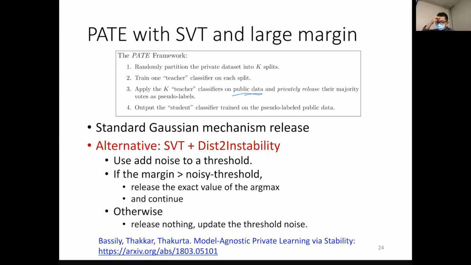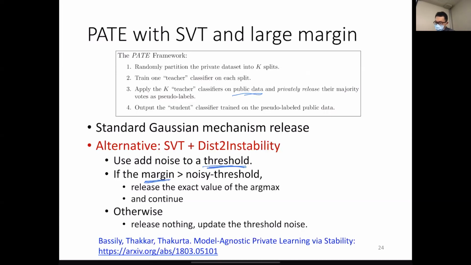So PATE with the sparse vector technique and distance to instability is a combination of the standard sparse vector technique with distance to instability. The idea is the following. We have some predefined threshold, and this threshold is applied to how many more votes the largest, winning category has, based on the teachers' voting scores, compared to the second largest. That's what I mean by the margin.